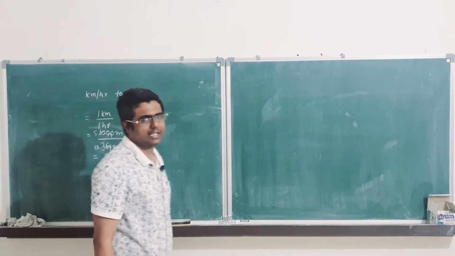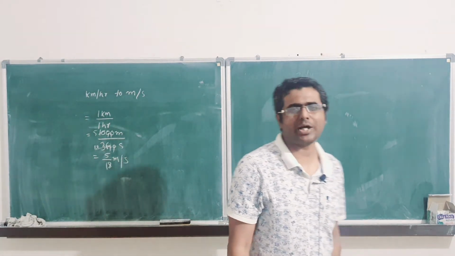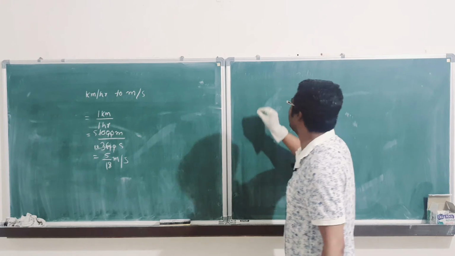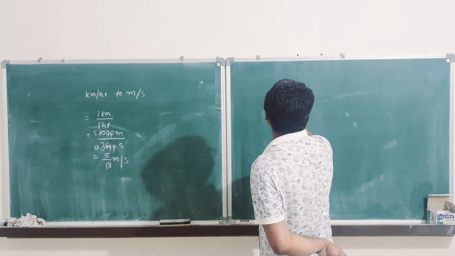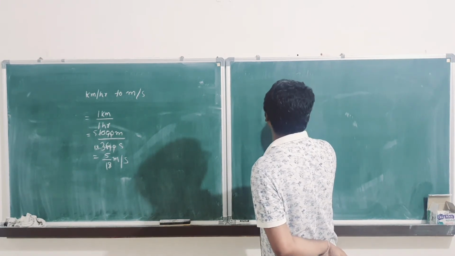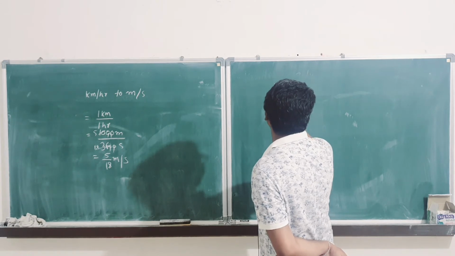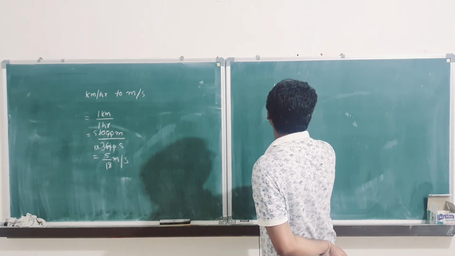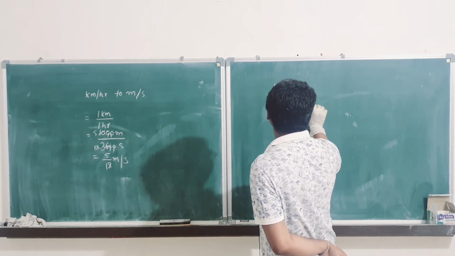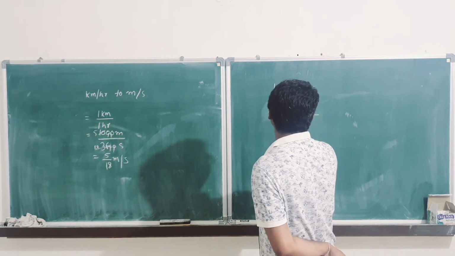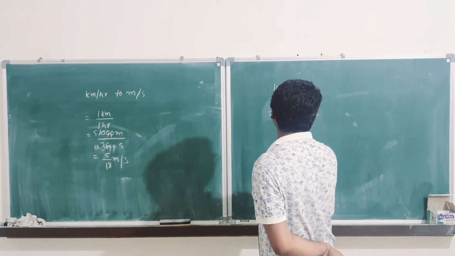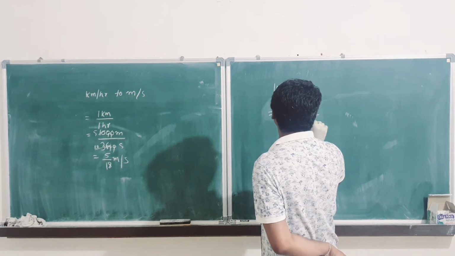Similarly, you can now also calculate 1 meter per second is equal to how much kilometer per hour. Now you have to convert it into kilometer. So meter to kilometer means 1 by 1000 kilometer, and second to hour is 1 by 3600 hour.